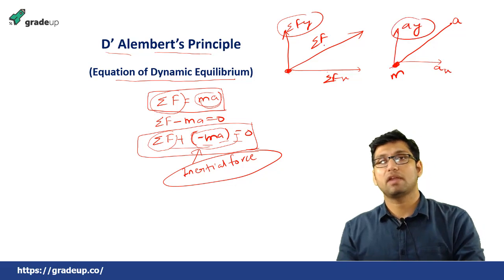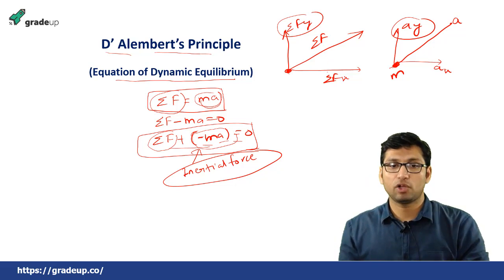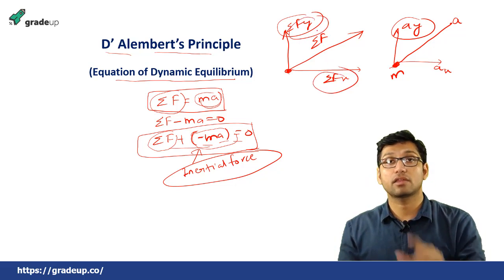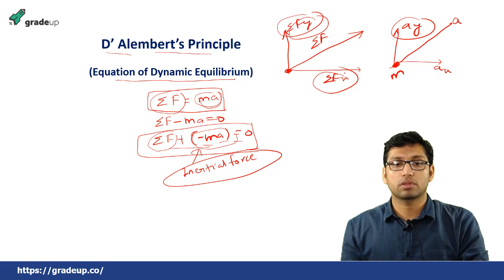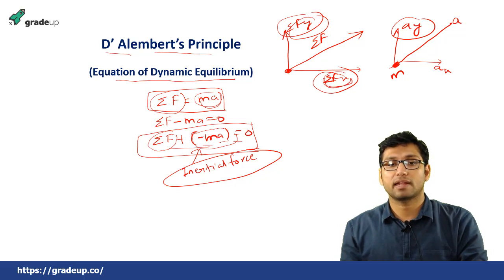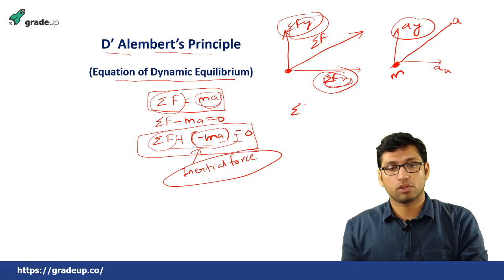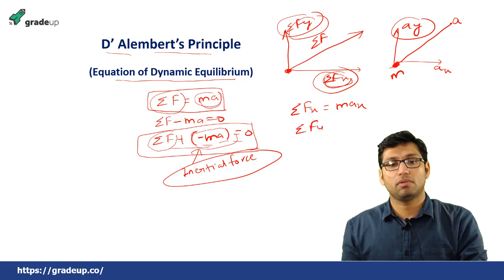So whenever there is a resultant force, there will be two components of acceleration in the case of rectilinear motion, in the x and y directions. We can also write the equation of motion: in the x direction the force equals m times ax, and in the y direction it equals m times ay.